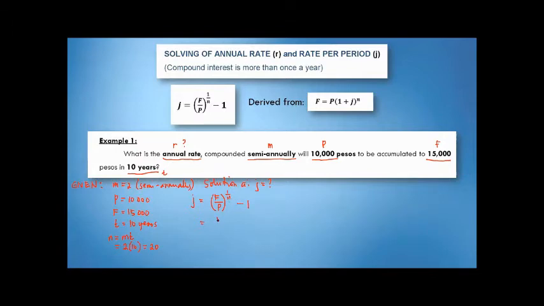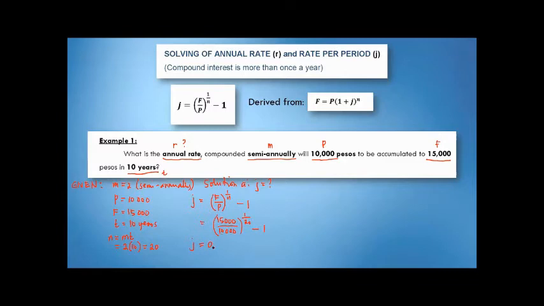So, we have 15,000 divided by 10,000 raised to 1 over 20, minus 1. The answer for J is decimal up to 4 decimal places.